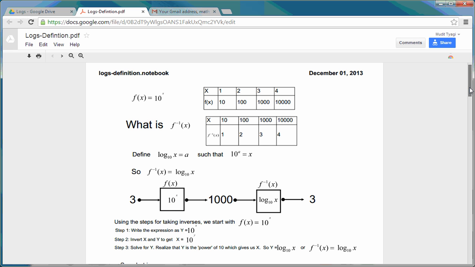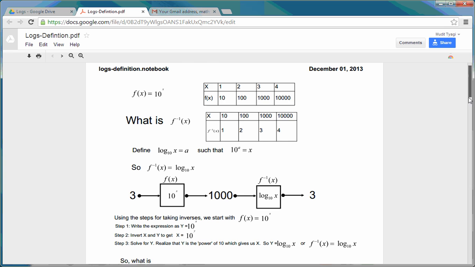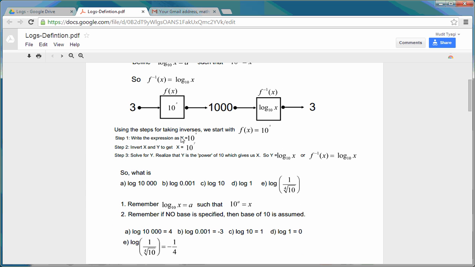And we've seen that in a couple of ways. We've seen that in tabular form. We've seen that when we write the functions as logic machines, and we've seen that when we use our normal steps for inverting f of x equals 10 to the x.